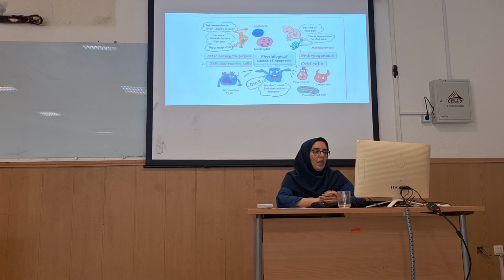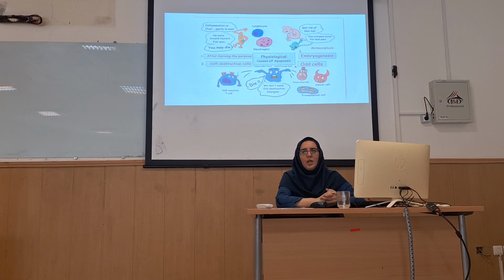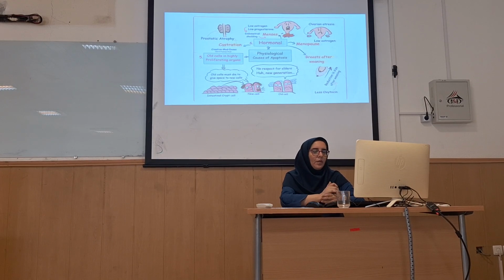Also, apoptosis deletes some infected cells, for example in hepatitis B, infected liver cells, HPV, and lymphocytes in HIV. Apoptosis removes these infected cells, cells involved by cancer, or in some situations, transplanted cells. So apoptosis in physiologic situations is necessary.